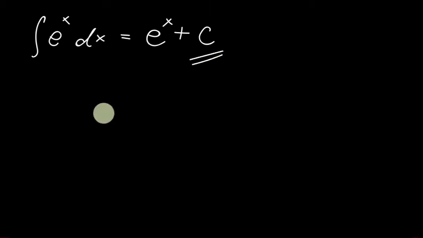An integral of e to the power of x dx. This is equal to e to the power of x, but don't forget a constant. Many students forget the constant, and I do it myself pretty often, but don't forget it.